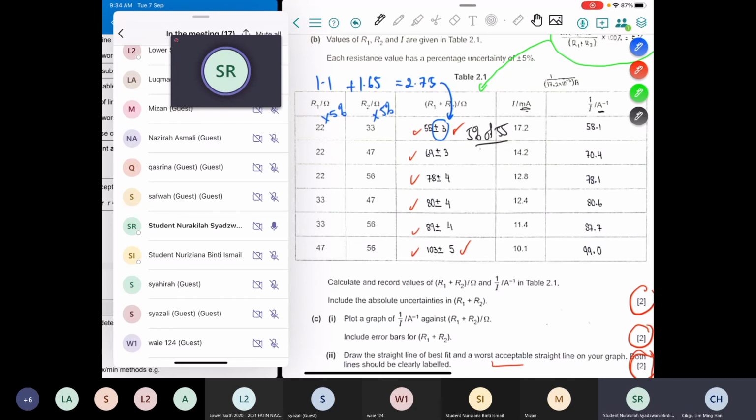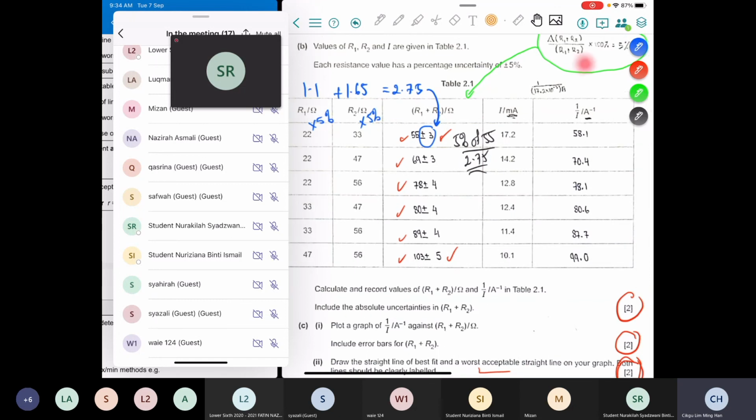It also gives you 2.75. Right, Kila? Yes, sir. Alright, thank you, Kila. So for everybody's information, Kila has another way to calculate the uncertainty. She shared with us that you can simply use 5% of the value, which is actually faster. Mine is longer. Fatin's is also easy.